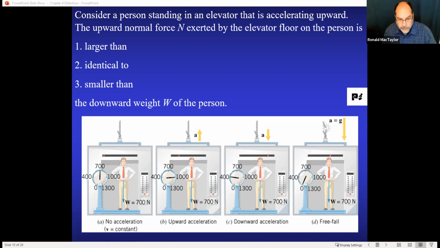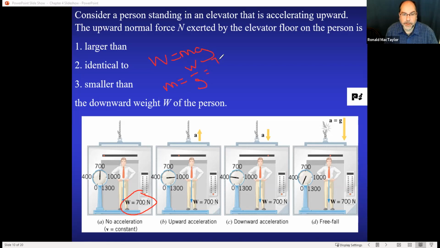So hold on. So here we go. Weight equals mg. So the weight is 700 newtons. So mass equals weight divided by g.